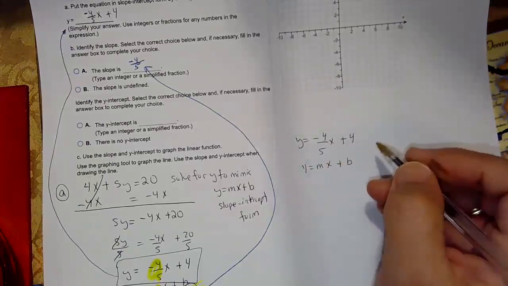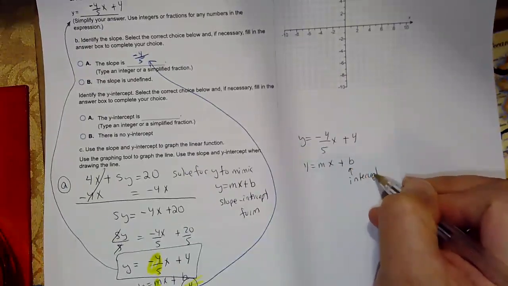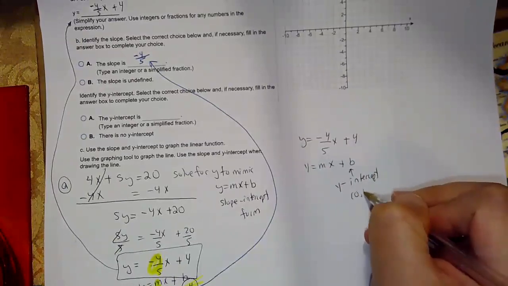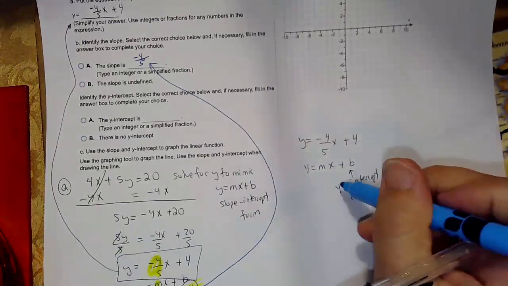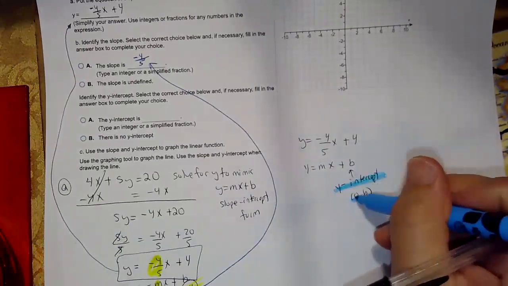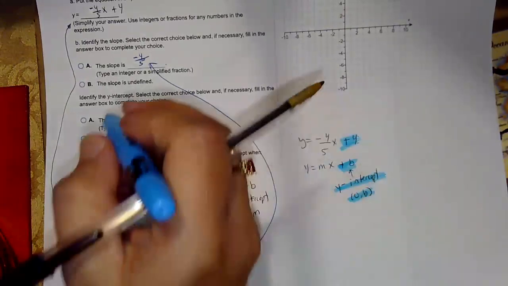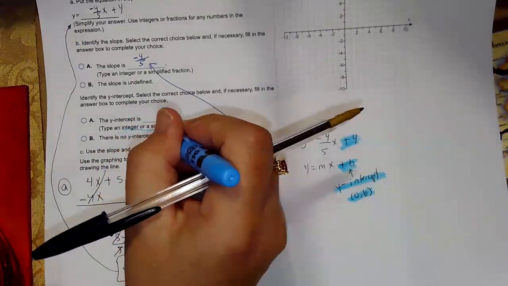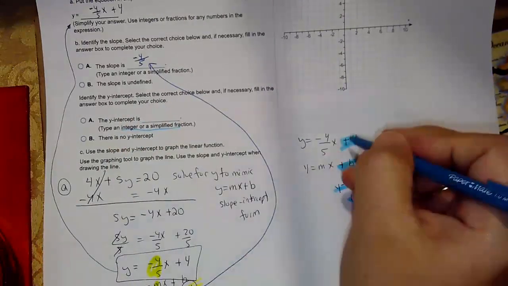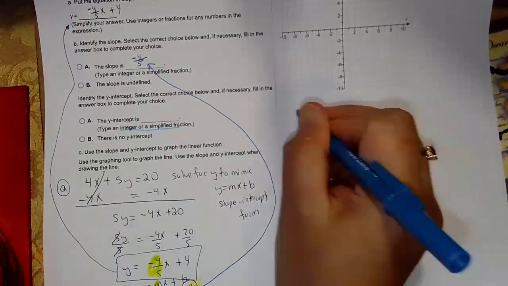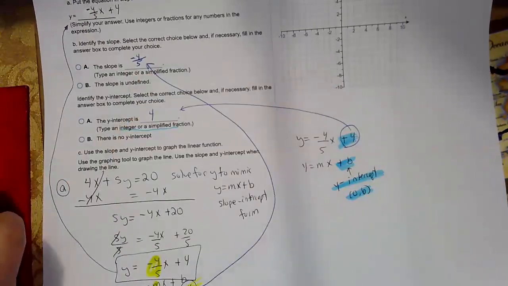So b is the y-intercept. So that means they want that right there. They want an integer or simplified fraction. So that goes here. That's 4.